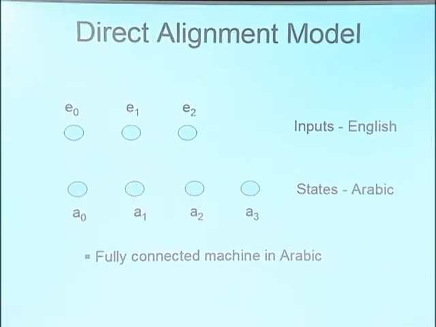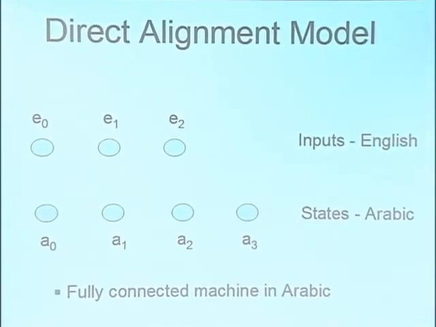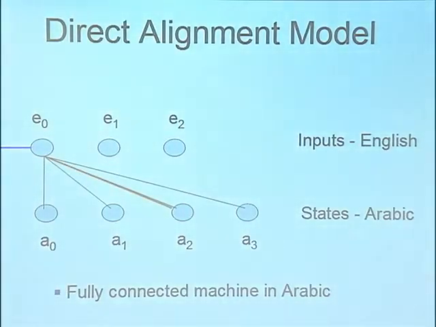Okay, so alignment. Here's a picture of the alignment process. At the top, I've shown an English sentence and an Arabic sentence. By alignment, what we do is a left to right process. We start with the first word, E0, and hypothesize that it aligns to any one of these Arabic word positions. Let's say, for example, that it comes from A2. So one of the theories will be A2, and then we extend that theory.